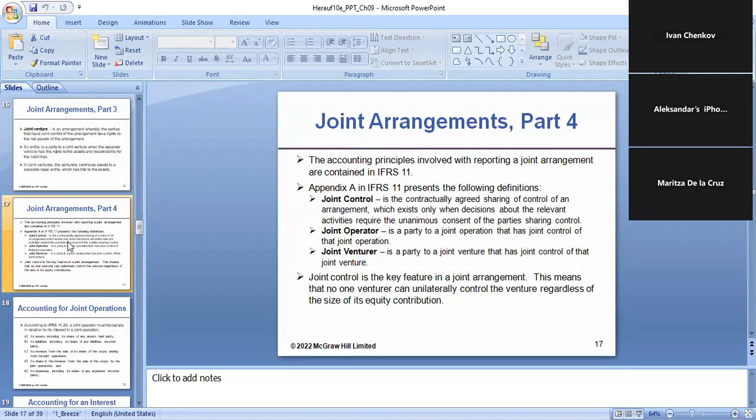Based on IFRS 11, joint control is the contractually agreed sharing of control of an arrangement, either operation or venture, which exists only when decisions about the relevant activity require the unanimous consent of the parties sharing the control. Then the joint operator is the party in a joint operation, and the joint venturer is the party in a joint venture.